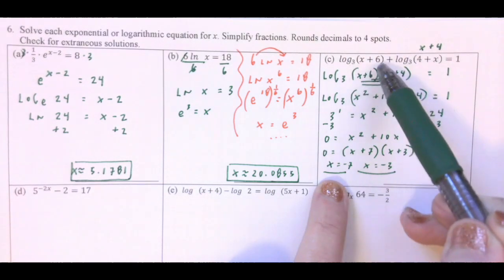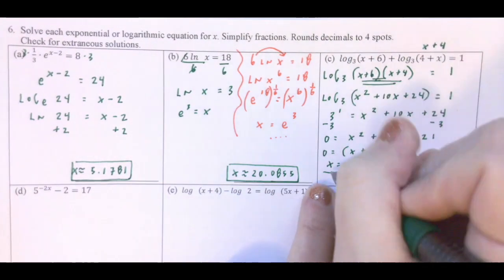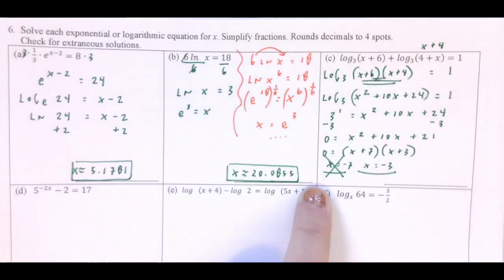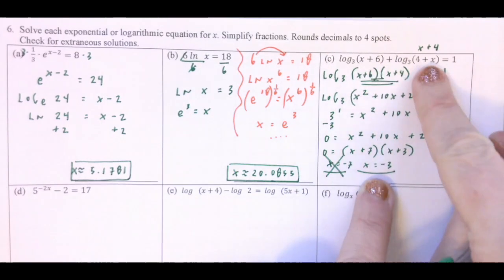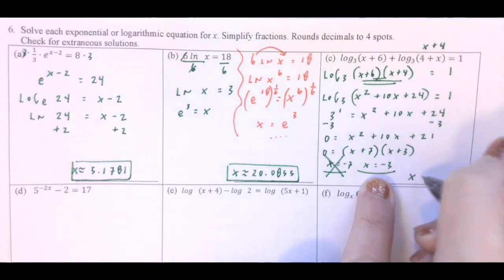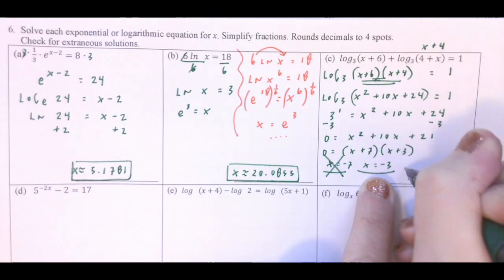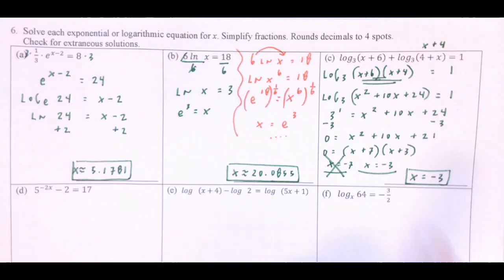It wouldn't be something negative. So this one is extraneous. It is out. I'm making sure that whatever I get for x, when I plug it back into the argument position, it gives me something positive. And that -3 works in both of those positions. So x can only be -3.